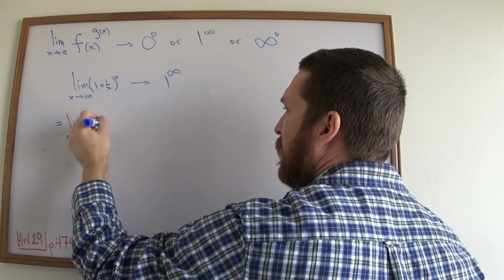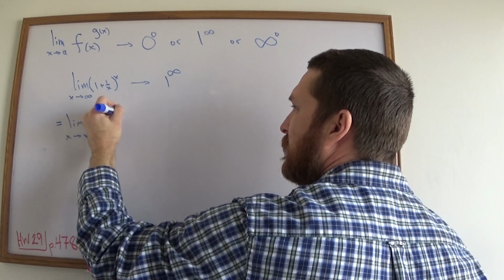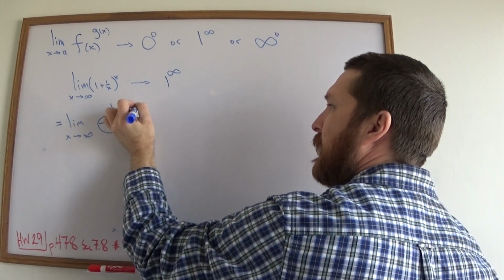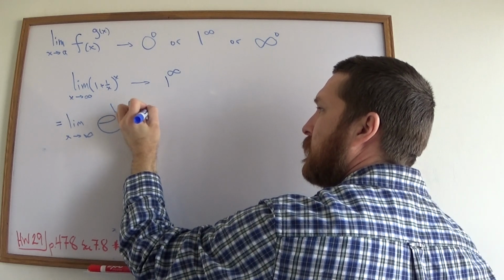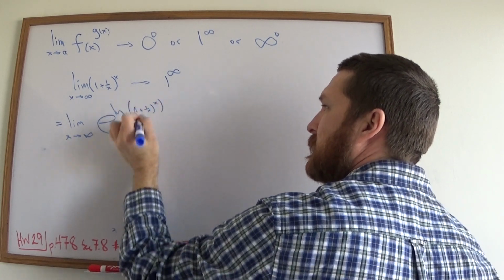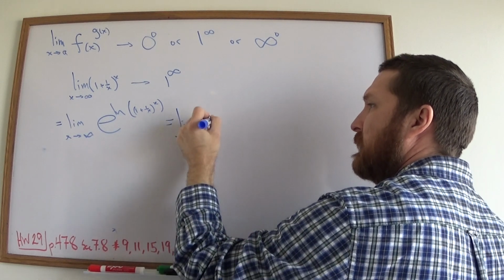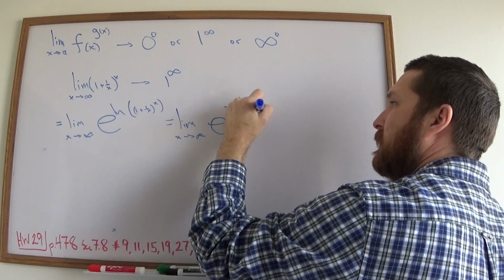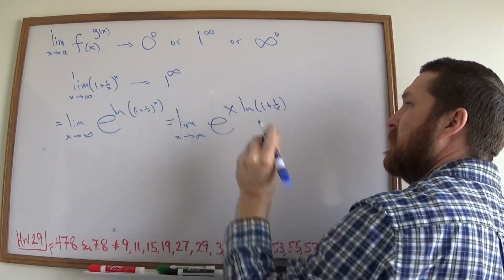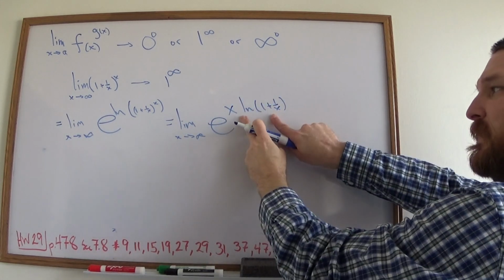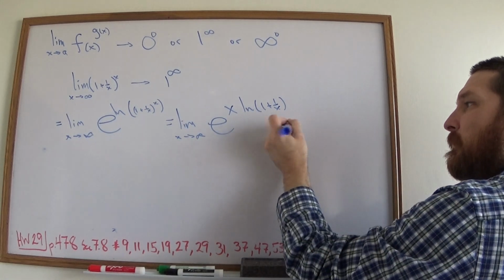Oh, I have a power. I could undo the power by doing this. Now I have 1 plus 1 over x raised to the x. So this is the same thing as the limit as x goes to infinity of e to the x log of 1 plus 1 over x. I'll figure out what this is, then I'll come back and plug it into e.